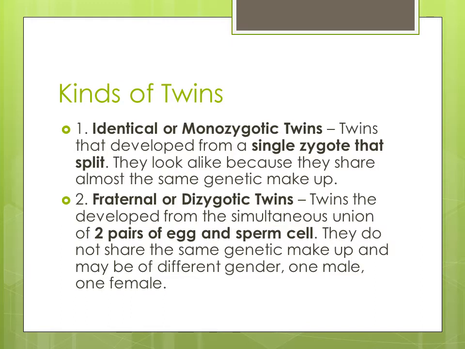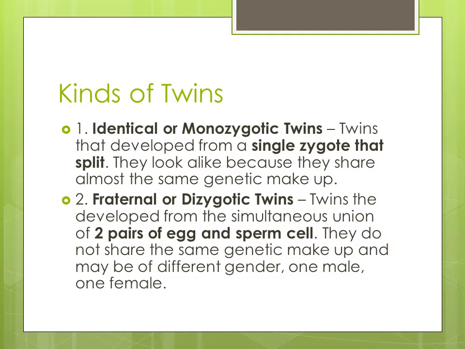Let's go first to the identical or monozygotic twins. These are twins that developed from a single zygote that split. They look alike because they share almost the same genetic makeup. So when the sperm and the egg cell meet, in identical or monozygotic twins, instead of just one zygote, this one zygote will split.